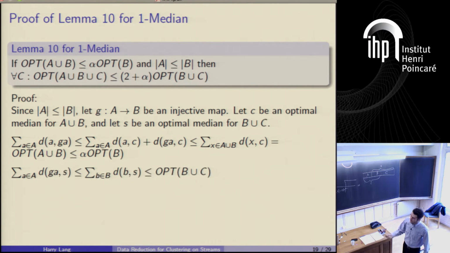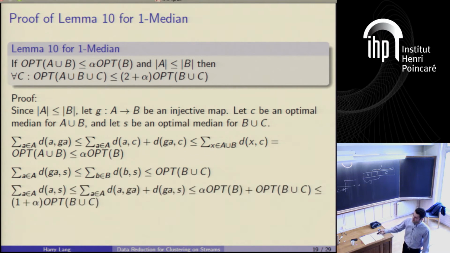So the second of the 4 lines is, now let's bound these representatives connecting to S, the optimal center for B union C. And again, this is just a subset of all of B, so it's upper bounded by that. And of course, I'm just connecting B, so that's less than if I had connected B and C. So that's less than OPT of B union C. So just to put these together, I can break connecting A to S as these 2 terms, which I've already bounded above, so I'm just plugging in.